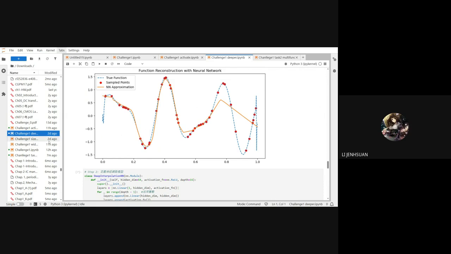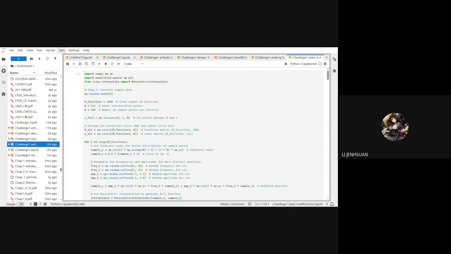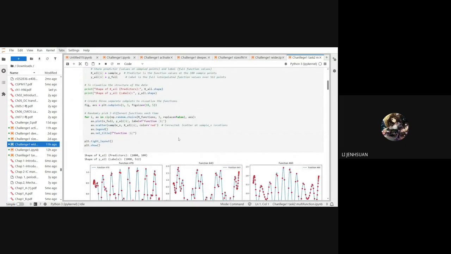Okay. So another change is about data size and the size of the hidden layer. I also made some practice here. It's about the test one, and test two is to generate some functions. So I have a method to generate functions.